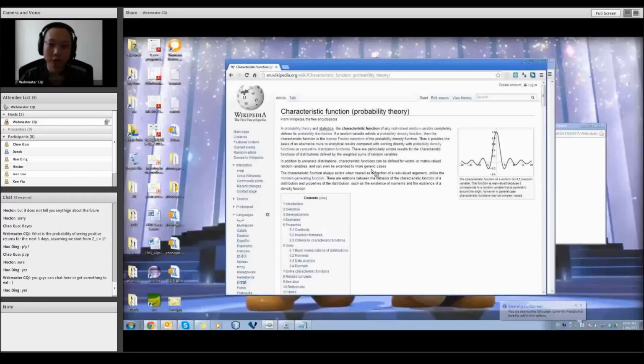So basically, characteristic function is defined as the expectation of e^(itX), and X is the random variable that we want to discuss.